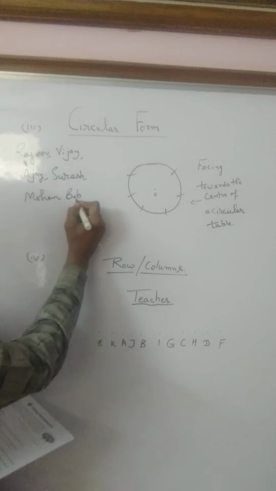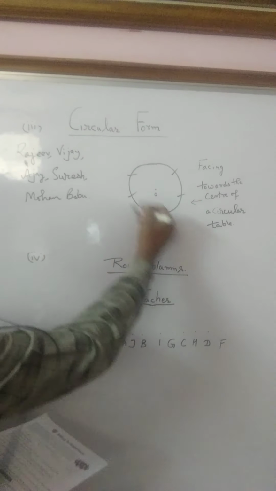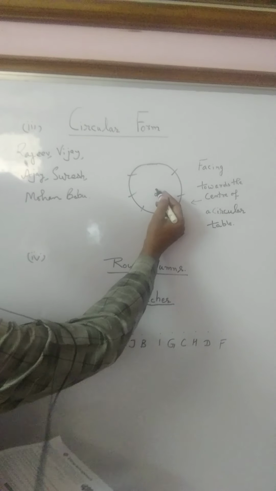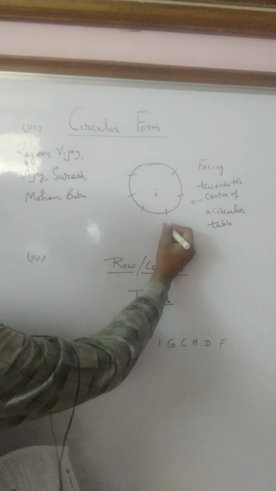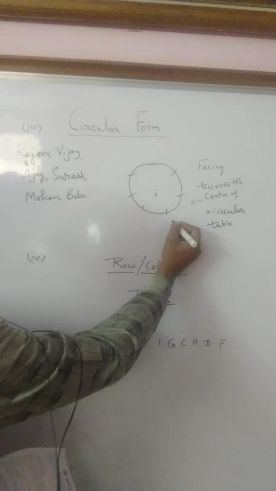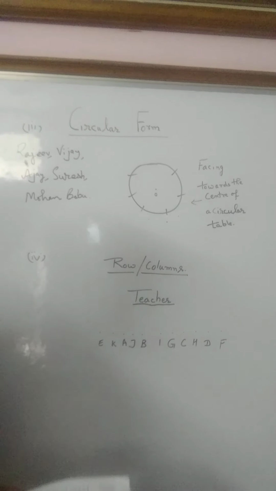These are the names of the boys. They are sitting in the circle and they are watching at the center of the circle. So if I take here a boy, his right hand side will be on this side and left hand side will be on this side.